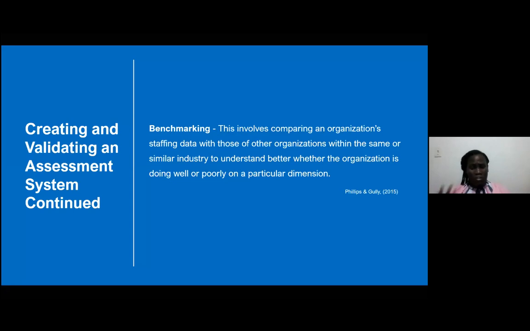Also, in creating and validating an assessment system, you have to take into consideration 2 things: benchmarking and evaluating an assessment method. So benchmarking is all about comparing an organization's staffing data with other organizations within the industry who may provide the same or similar product that you provide.